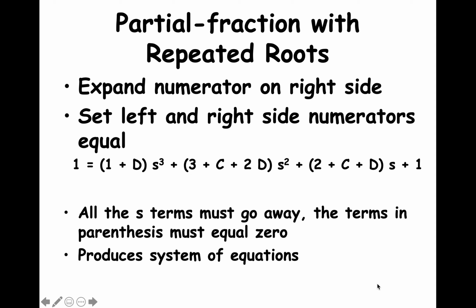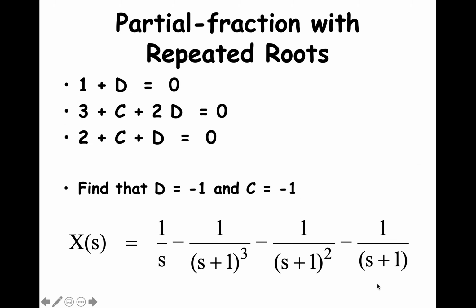The equation gives us 3 expressions for finding d and c. We know that all of the s terms have to go away, so s plus 1 plus d must equal 0, and 3 plus c plus 2 times d must equal 0, and 2 plus c plus d must equal 0. And we can see that d must equal minus 1 and c must equal minus 1 too.